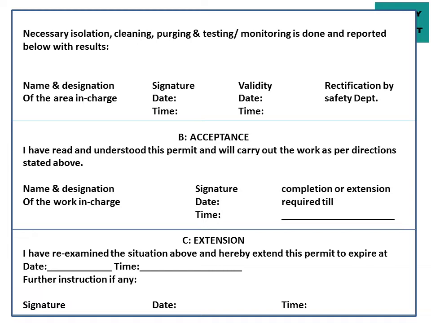At the time of extension, again we have to clean, isolate, purge, test and monitor, every operation. So the declaration is, I have re-examined the situation above and hereby extend this permit to expire at the date and time by which it will be finished. Further instructions, if any safety instruction has to be provided, should be mentioned here. Then the signature, date and time.